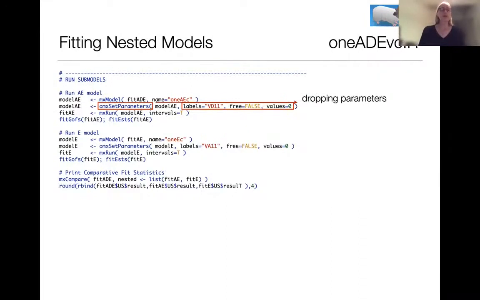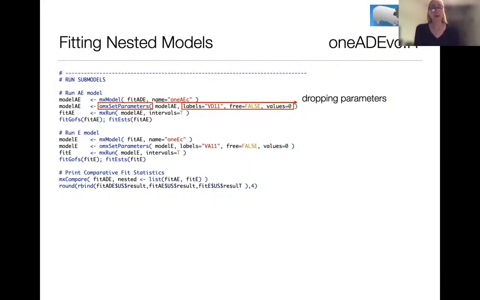So we do this again by using the OpenMx set parameters code, where we take the original label and, instead of constraining it to another element by using a new label, what we want to do here is drop it.